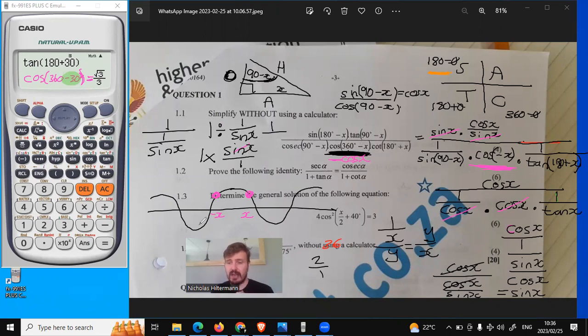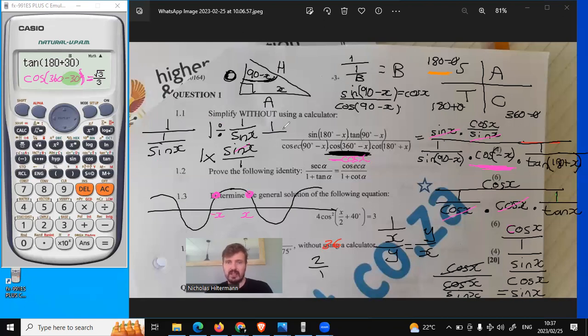But now in N4 maths, we need to really start to know this stuff. We need to know that 1 over sine over cos is cos over sine. And we also need to know that 1 over 1 over sine is sine. So in other words, 1 over 1 over b is b.